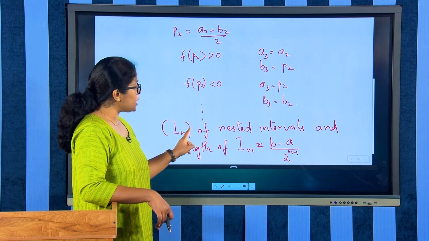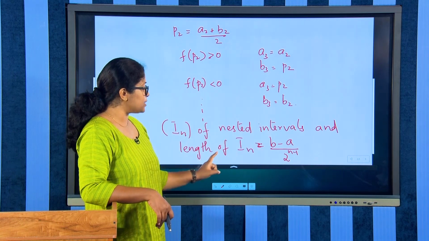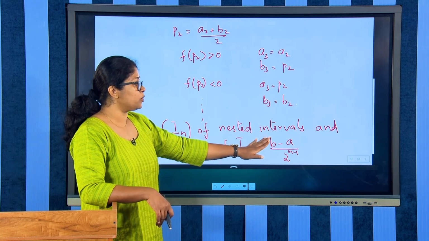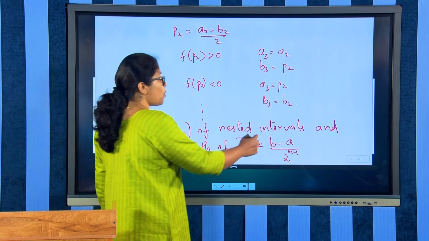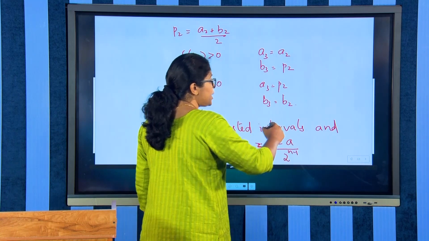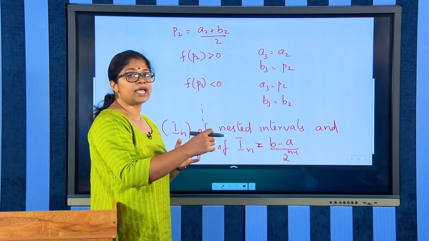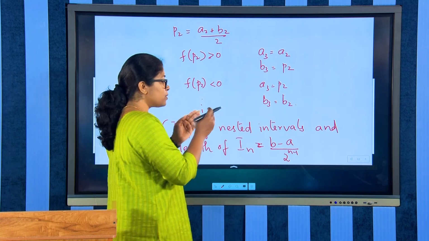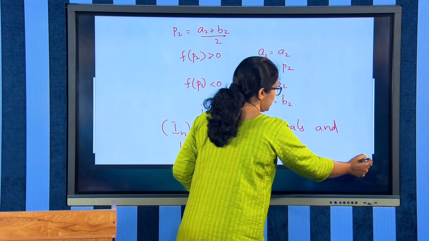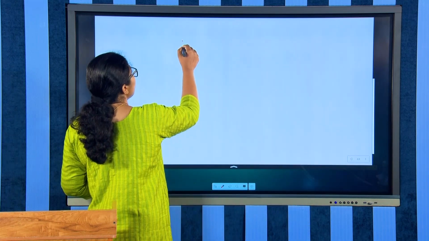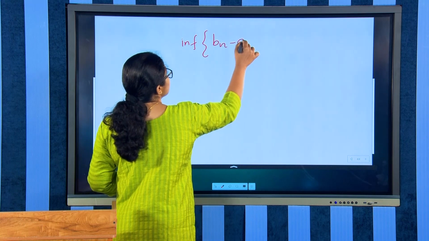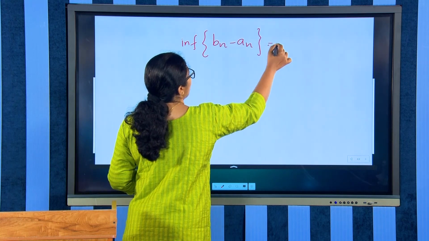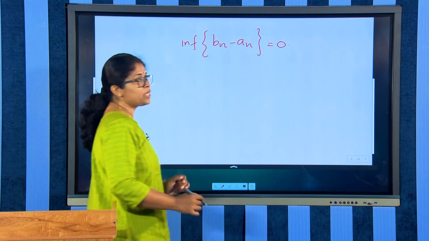In is a sequence of nested intervals and the length of In is equal to (B minus A) by 2 power n minus 1, and this quantity as n tends to infinity approaches 0 because it is becoming smaller and smaller in each case. So the infimum of Bn minus An is obviously equal to 0.